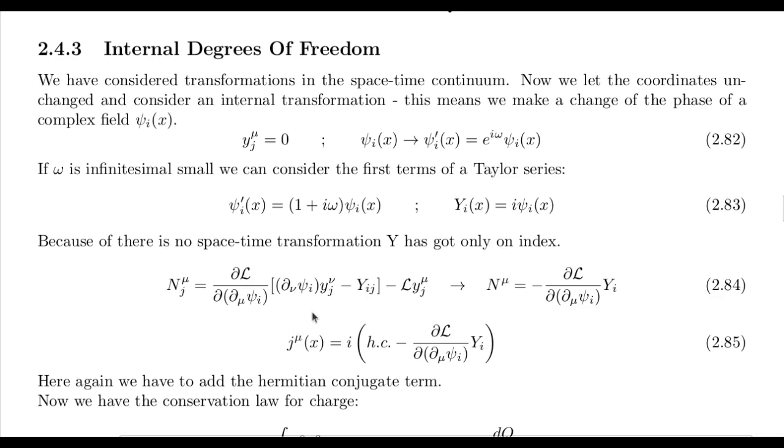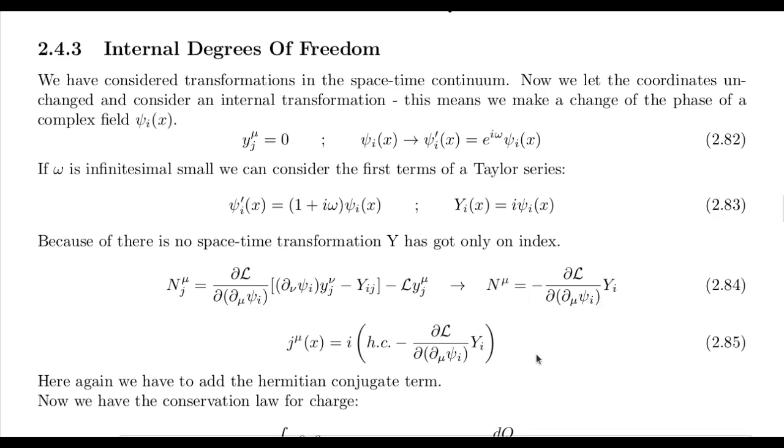We have here this with the small y's and the capital Y, that is the general expression, and now the small y's vanish, and we substitute only the capital Y with only one index here, because there is no change in the coordinates. And so this is here a very simple Noether tensor.